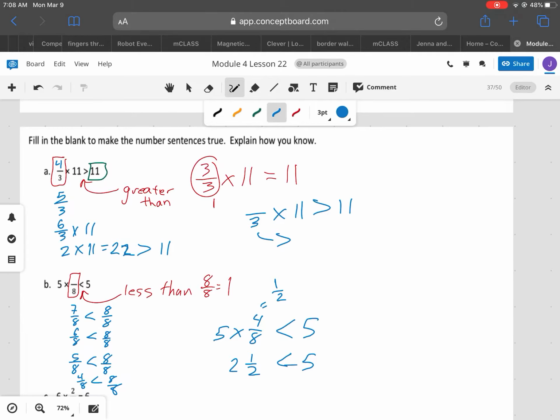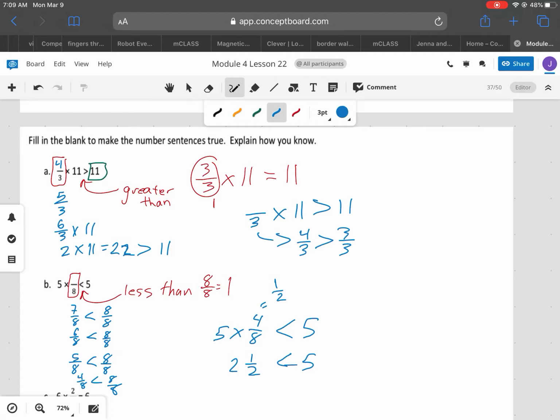So whatever this is has to be greater than 3/3. Okay, so I can put 4/3 is greater than 3/3, and that can explain how I know. Alright, just explain it with numbers. If you really want to explain it with words, because some of you are great with words, go ahead and explain it with words, just basically saying what I'm saying.